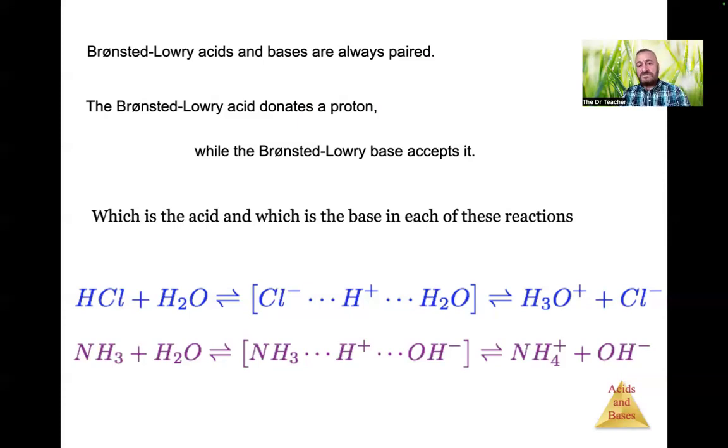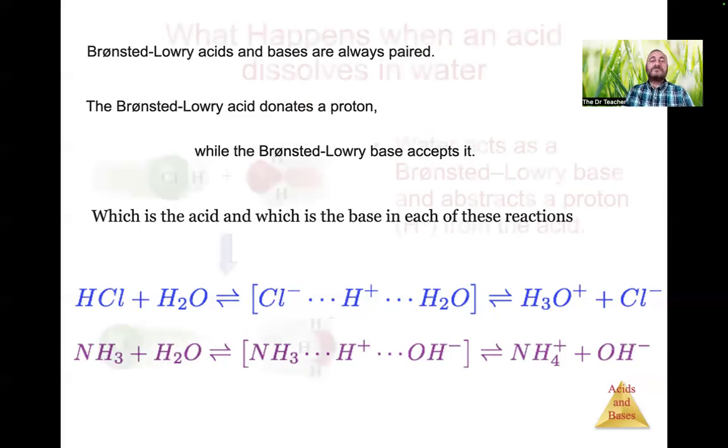NH3 with water will give you ammonium NH4 plus and hydroxide ion, OH minus. So now, what's the behavior here of the H2O? It will be an acid because NH3 is a base.